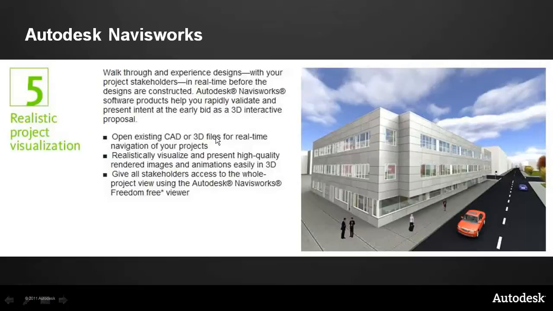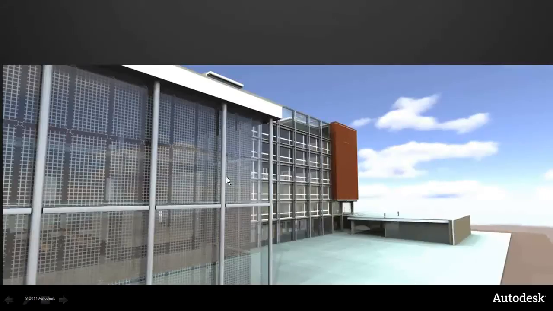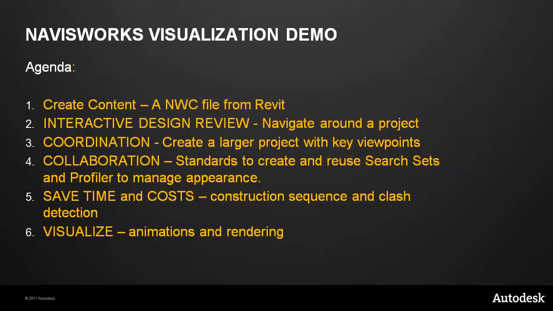The key here would be that you actually use search sets that are created to group objects together in a logical way, maybe all your exterior brickwork or all your foundations. We use those same search sets to assign materials. So if your standards are consistent between projects, this will let you very quickly assign finished materials to them, and you get good rendering quality from the model itself.